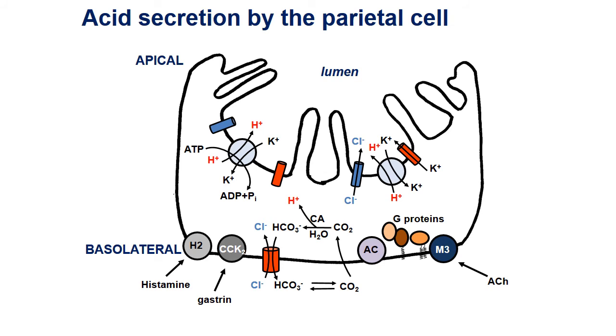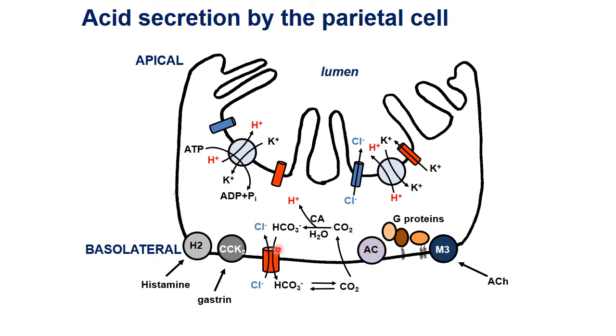So here again is a schematic diagram of the parietal cell, this time with all the main players that are located at either the apical or basolateral membrane highlighted. Those include receptors and signaling molecules. So here's the H2, the CCK2 receptor, the M3 receptor, the G proteins and the adenylyl cyclase, which produces the cyclic AMP.